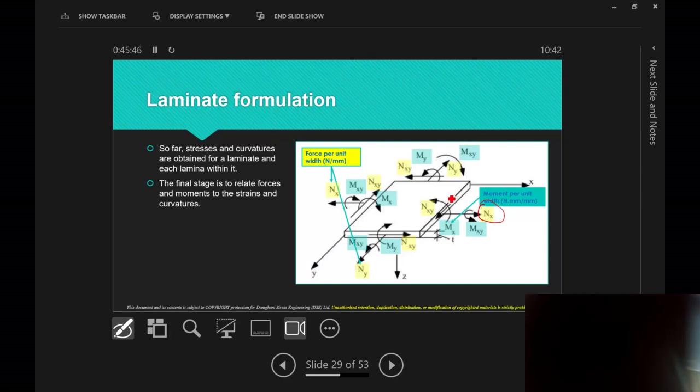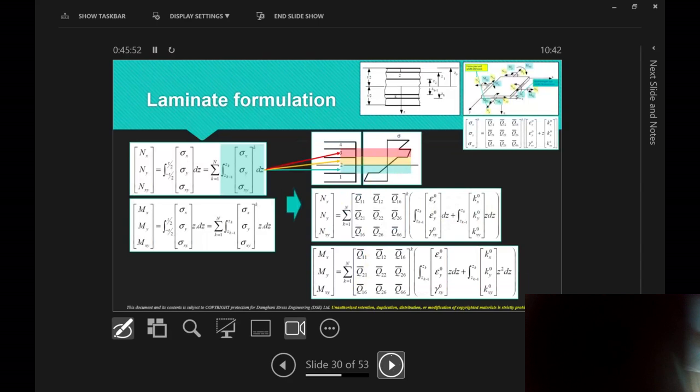Then you've got all the positive torsion, bending moments, all is given here. So Nx, Ny, Nxy, the force in the x direction, force in the y direction per unit width, and the shear force Nxy. Stresses in the x, y, and shear stress integrated over the thickness.